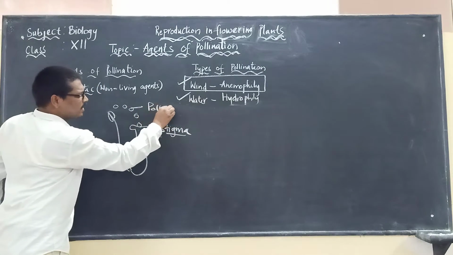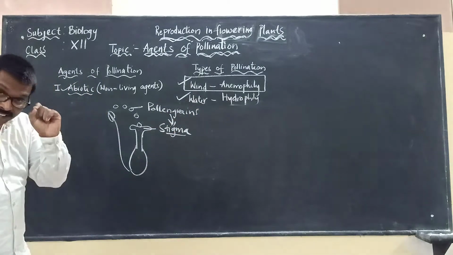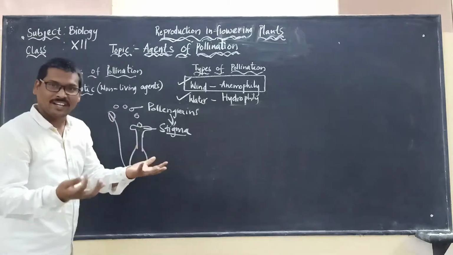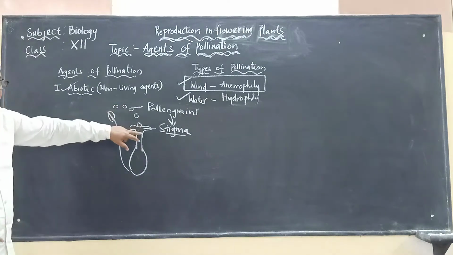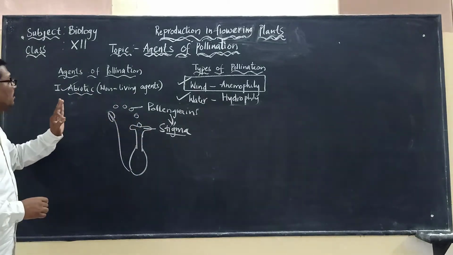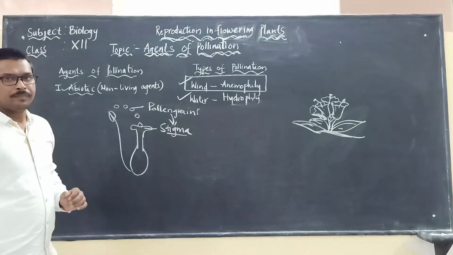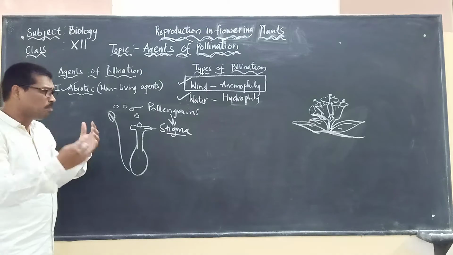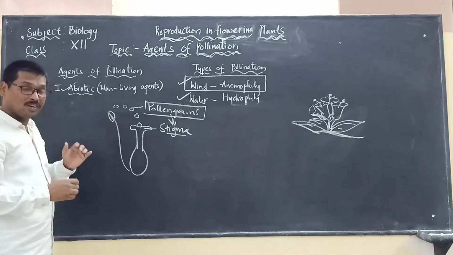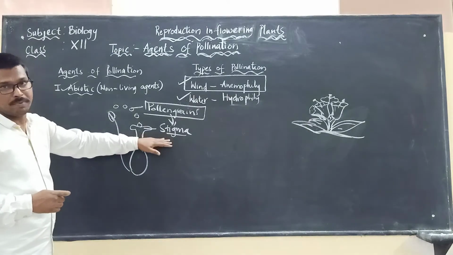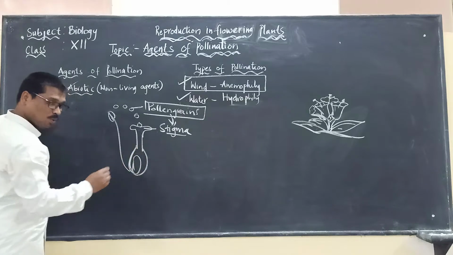So more pollen grains will be produced to reach the stigma and be involved in the process of pollination. More pollen grains will be produced from the anther because there are fewer chances of reaching the stigma, and also the stigma or the ovary will have only one ovule.